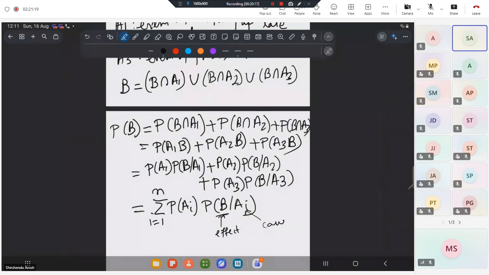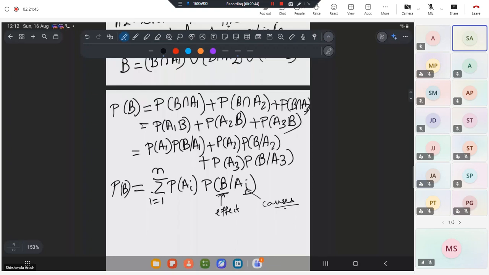Given that this is the cause, I can find the probability of getting the effect, and I can find the probability of the causes, which eventually gives me the total probability of the effect. As I said, total probability gives you a measure of the totalness of the situations.